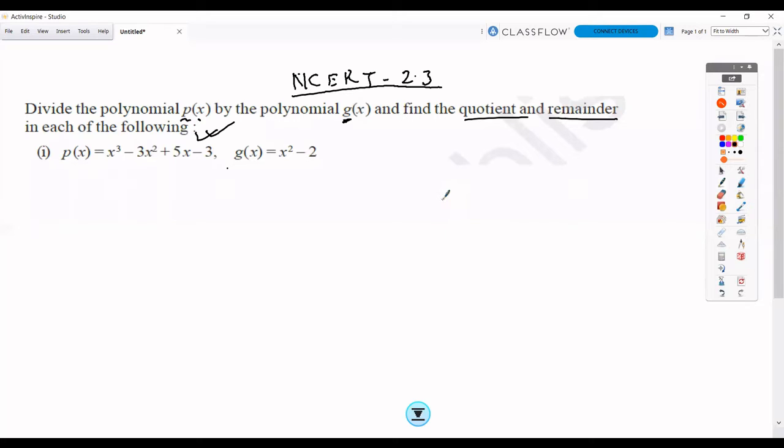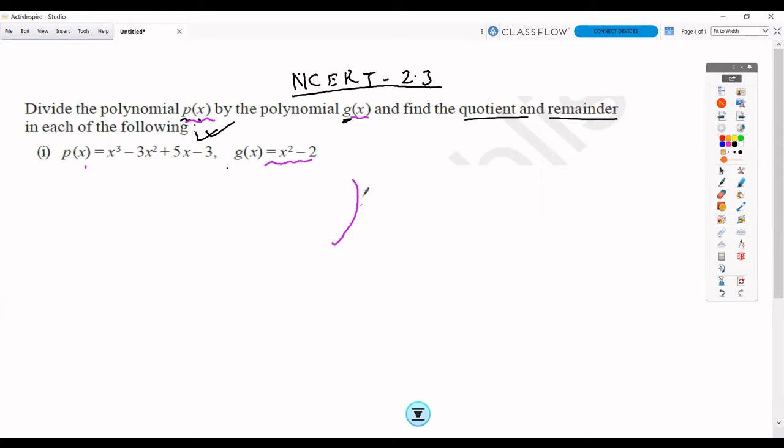This question plays a very important basic fundamental role for the questions which they ask for 4 marks. Okay, so we are once again moving. As we know, we are going to divide p(x) by g(x). So p(x) will be called the dividend and this is the divisor.